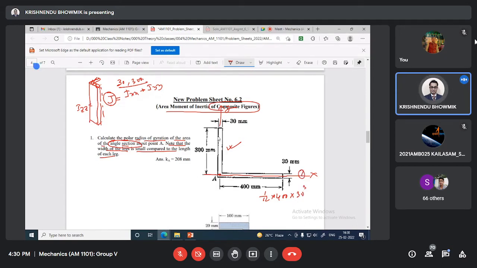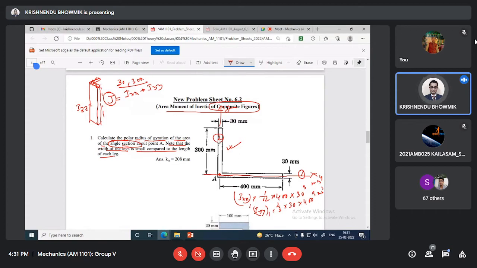Let me write Ixx1 and Iyy1 for this case. With respect to this, it is 1/3, base is 30 multiplied by 400 cube. Everything will be millimeter power 4, we have to give the power 4 unit.